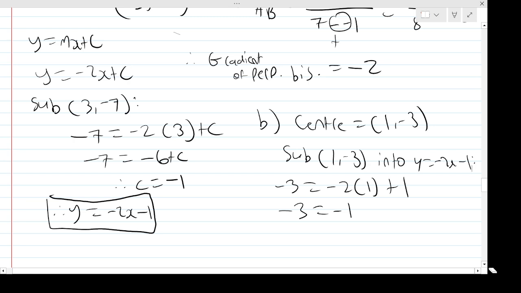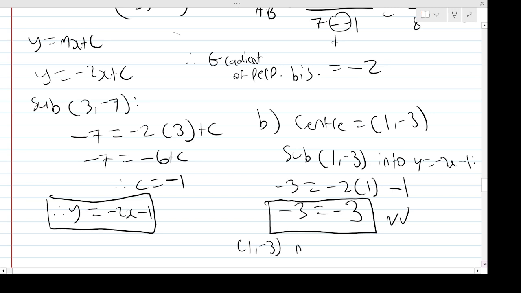So then I get -2, there we go. Okay, so we'll work that out. -3 equals -2 - 1. That's -3. There we go. We know that's true. So the point (1, -3) must be on the line.